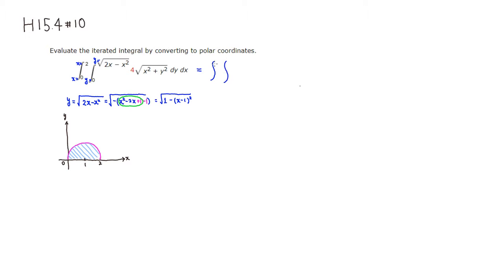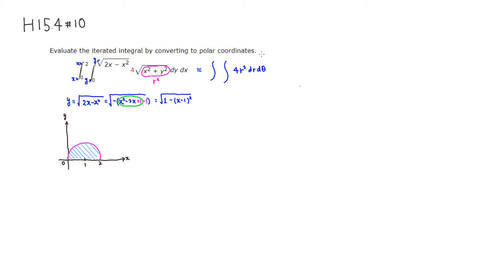We know that x squared plus y squared is r squared, and with the square root it's just r, so we get 4r. Then our area element is r dr d theta, so there's another r, so it's r squared, with dr d theta.